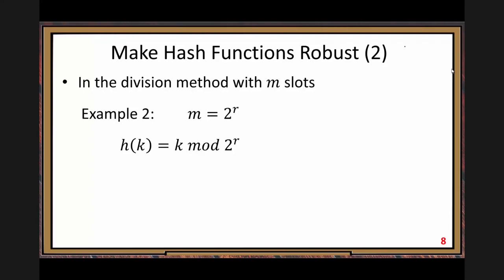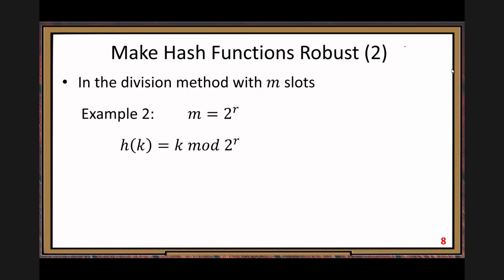If you mod 2 to the r, basically you just truncate the bits. You truncate the higher position bits and only keep the last r bits. That's the remainder bits.